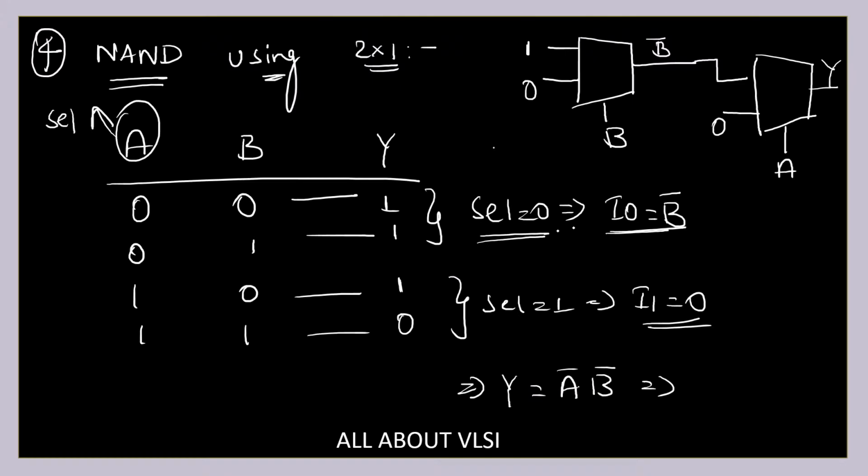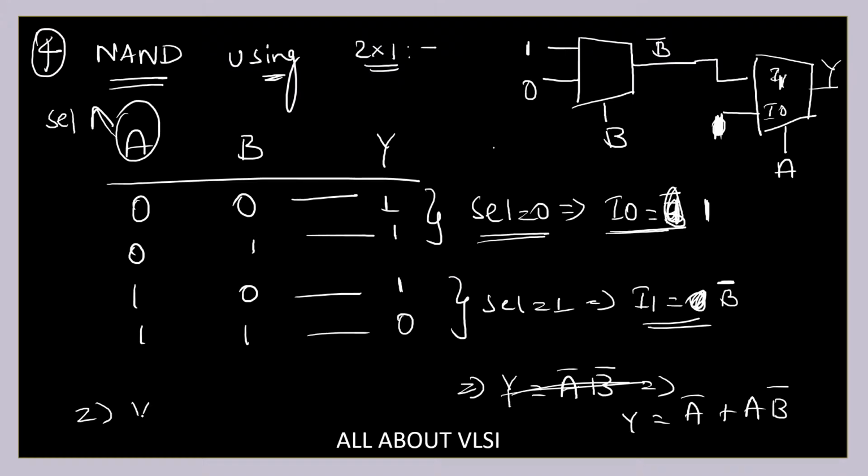So if my select line is equal to 0, I0 is equal to 1. And here I1 is equal to B complement. Okay. So this is connected to I1 and this is connected to I0. I0 will be equal to 1. And if you cross verify with your Shannon's expression, you're going to get y is equal to A complement plus A into B complement.